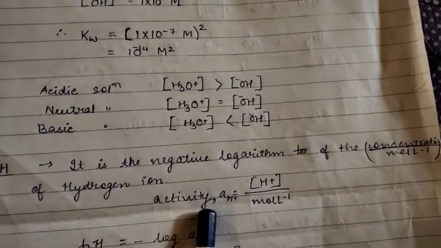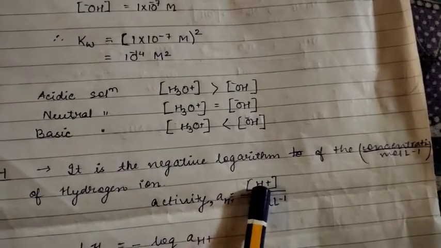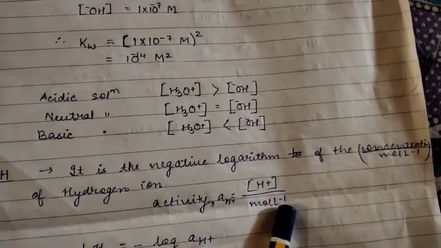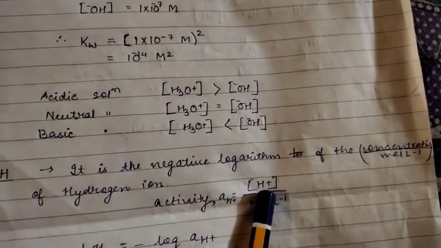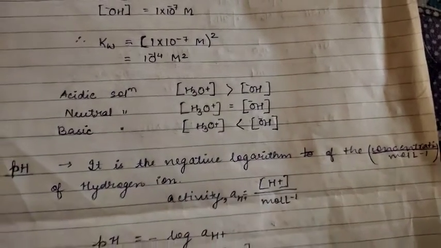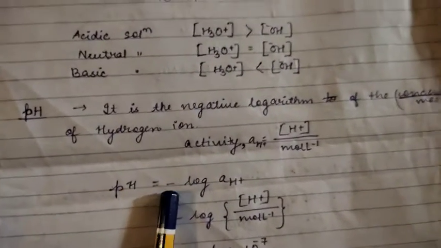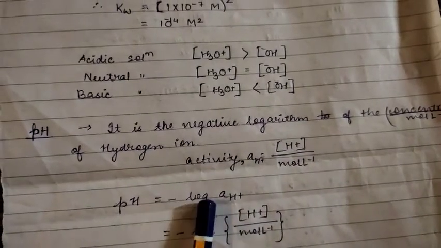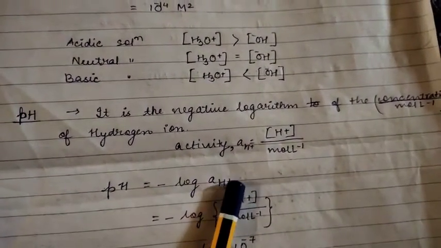We write activity as A subscript H positive, equal to the concentration of hydrogen ion divided by mole per liter, meaning how much hydrogen ion concentration is present per liter. And pH, according to the definition, is the negative logarithm, so minus log of the activity.